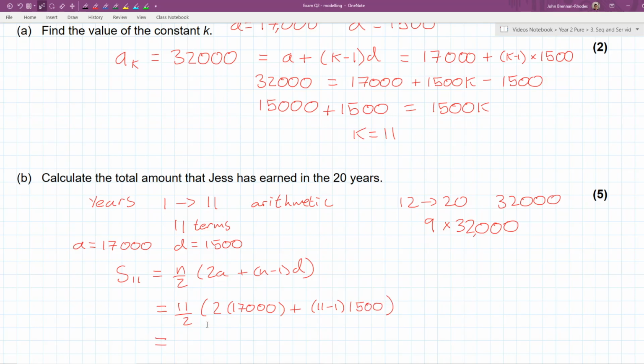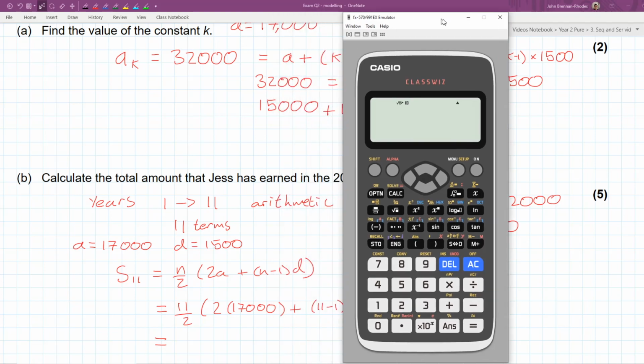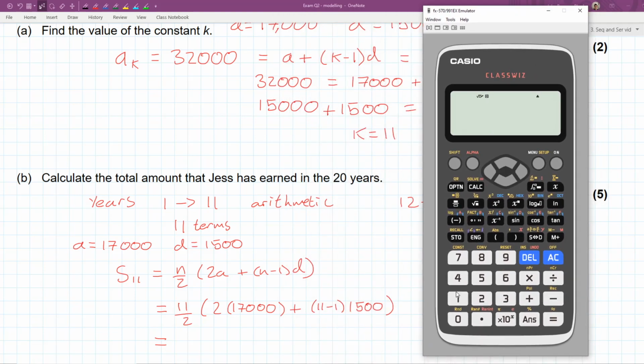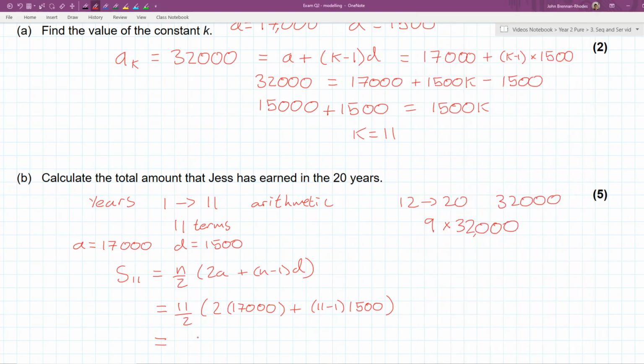And plug that into our calculator, which is going to give us this. So it's fraction 11 over 2, times 2 times 17,000 plus 11 minus 1, which is 10, times 1,500, and I get 269,500.